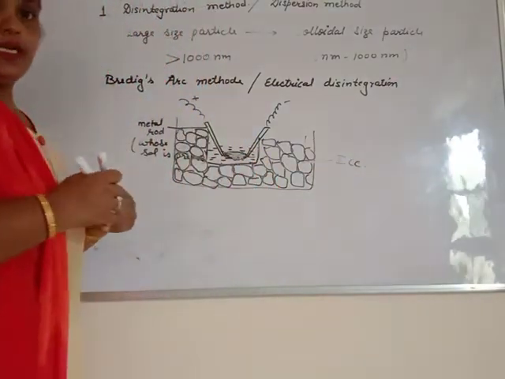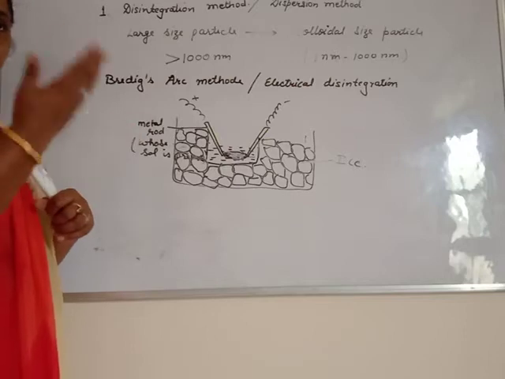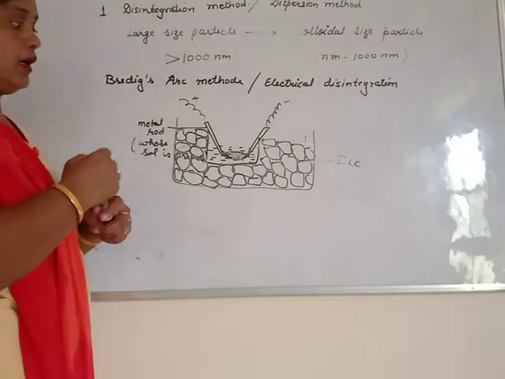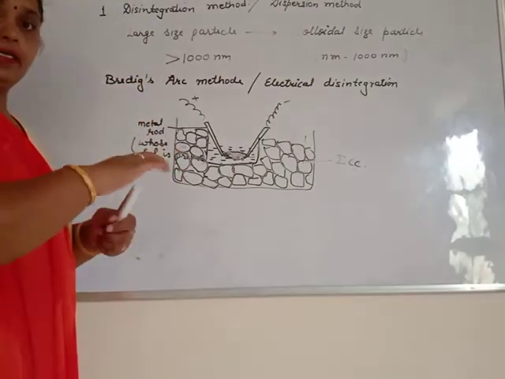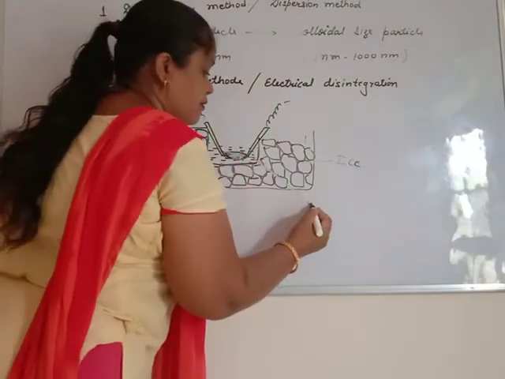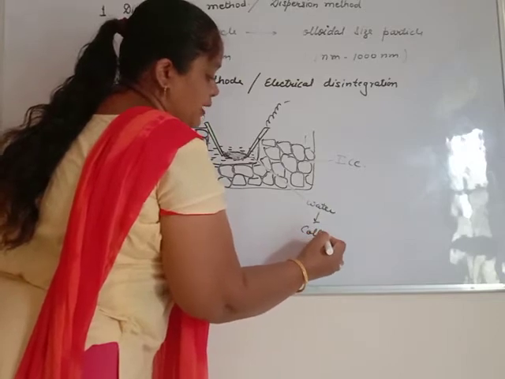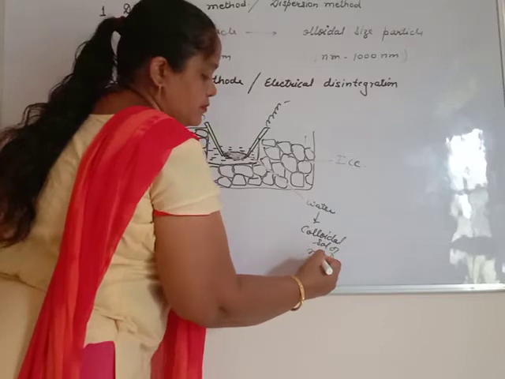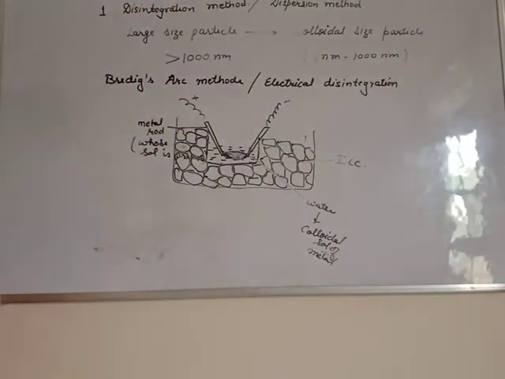Ice is used so that the water remains cool and does not evaporate, and the vapor formed of the metal also loses its energy due to ice and gets dispersed in the water, and this water now changes into colloidal sol of metal.